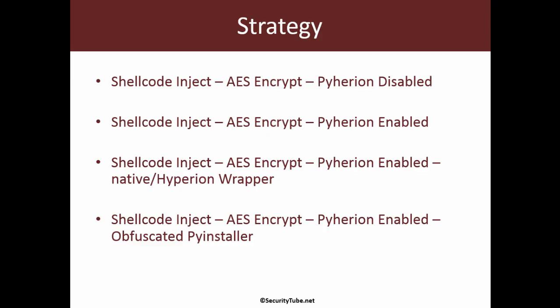Now in this video we are going to use the shellcode inject, which is AES encrypted, Fiherian enabled, and then we are going to use a PyInstaller which would add a little bit of obfuscation, and let's see what happens.